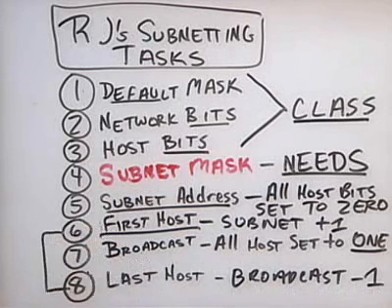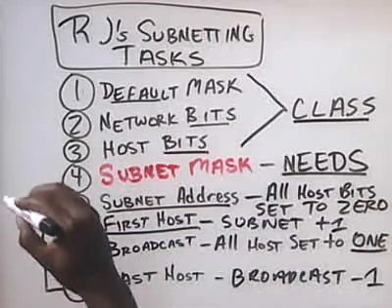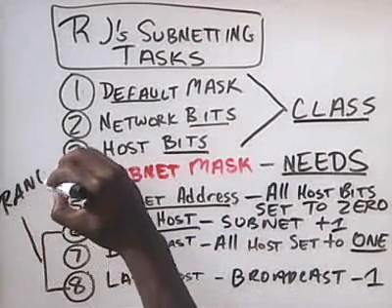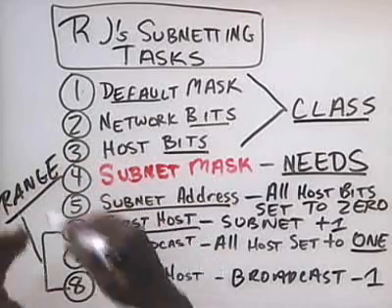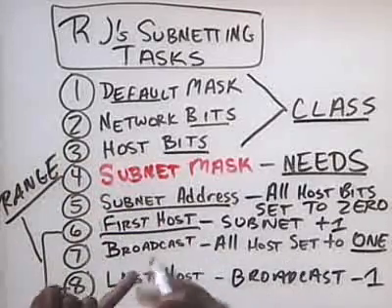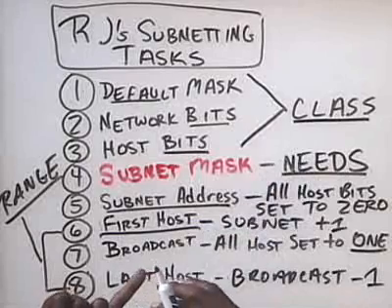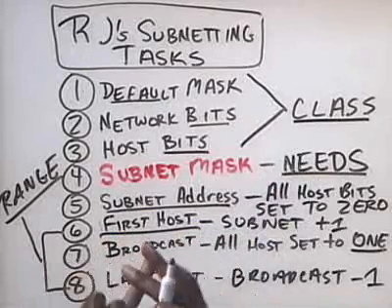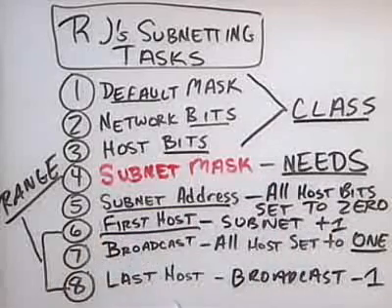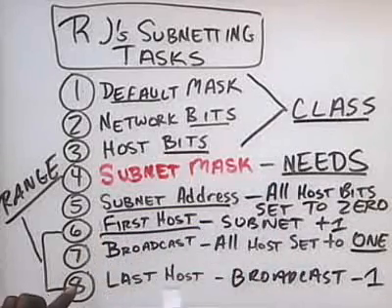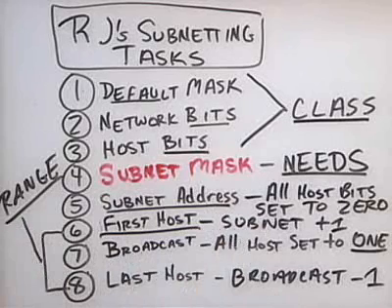These two items combined, 6 and 7, give us the valid host range of addresses. So you may see those referred to as the range. You might be asked in a particular situation to give the subnet address, the broadcast address, and the valid host address range. That's what they're talking about. The first host address and the last host address would make up the range.